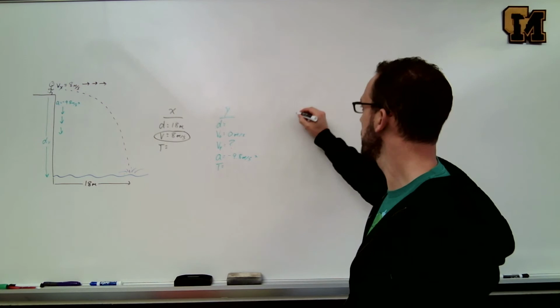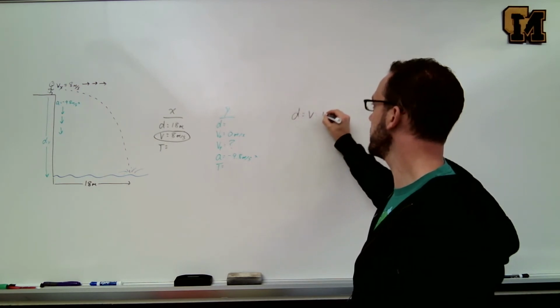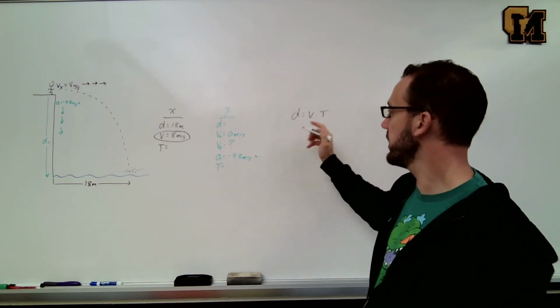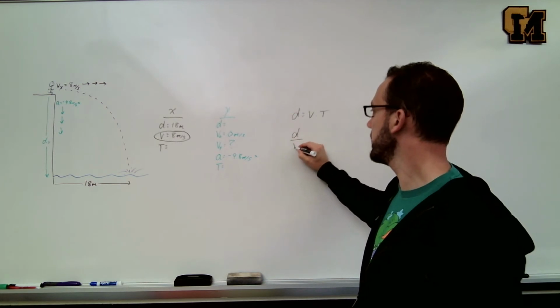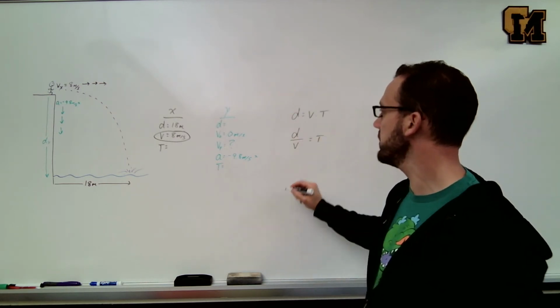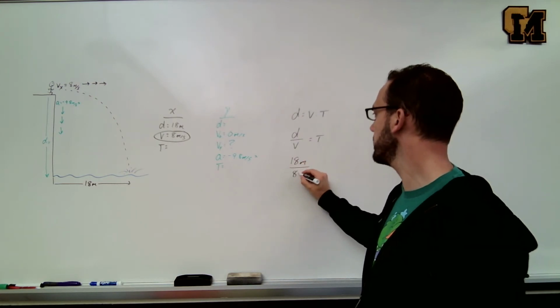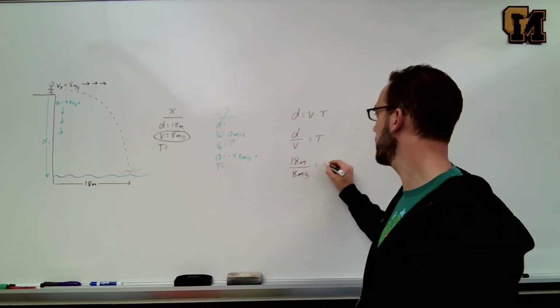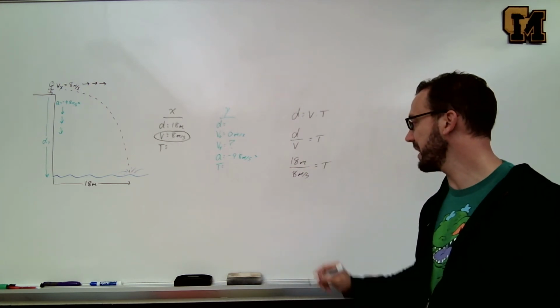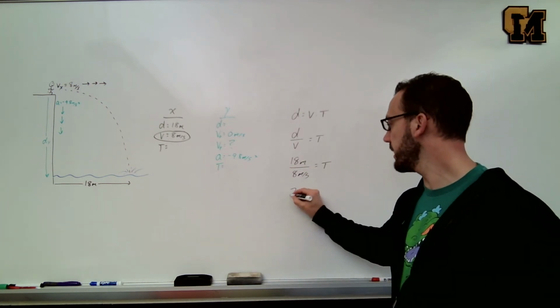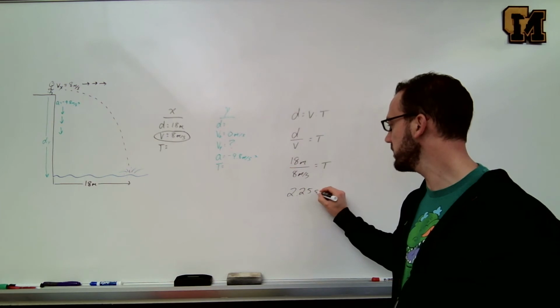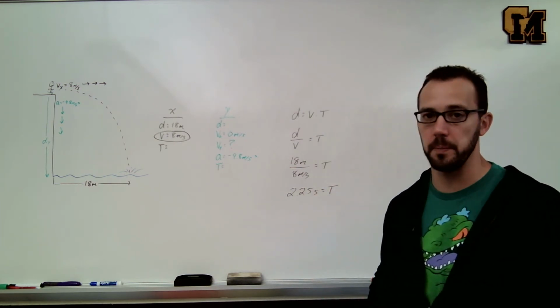So we're going to use D equals V times T, divide by the velocity, D over V equals time. So that would be 18 meters over 8 meters per second for time. When I plug that in to my calculator, I get 2.25 seconds for time.